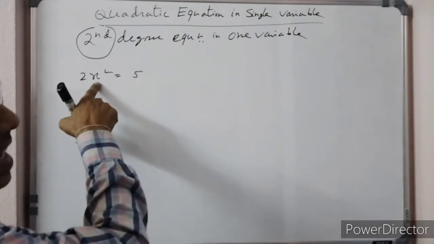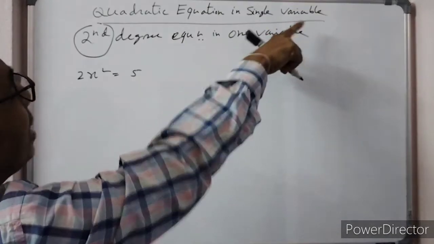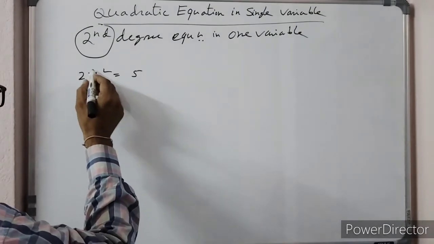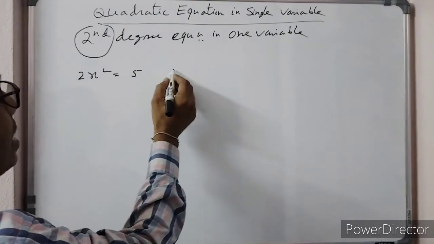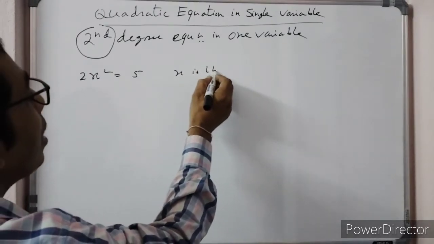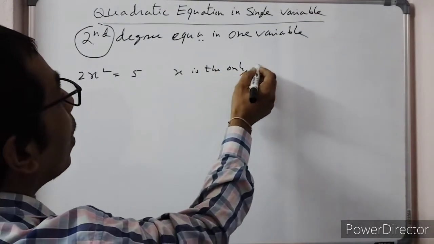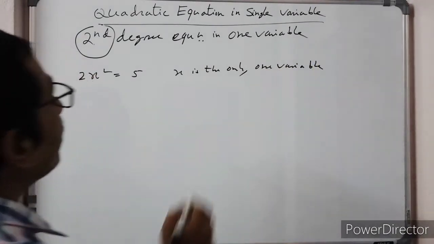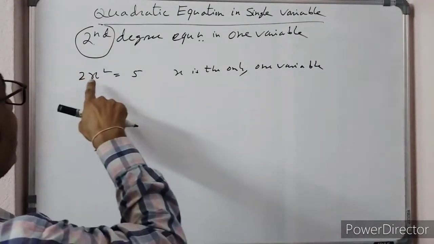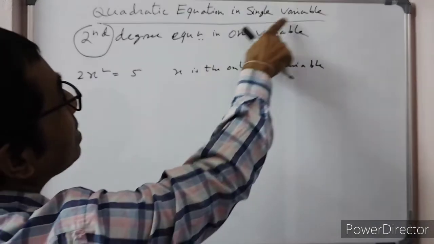It is a quadratic equation with single variable. Here x is the only variable. So it is a quadratic equation in single variable.